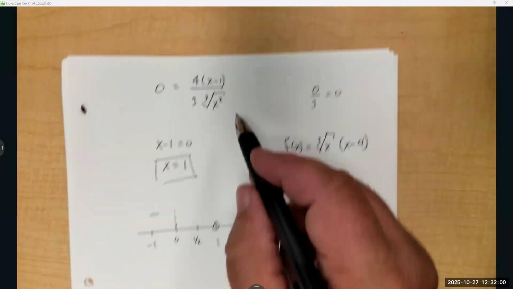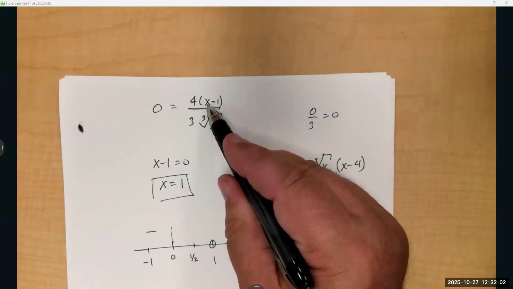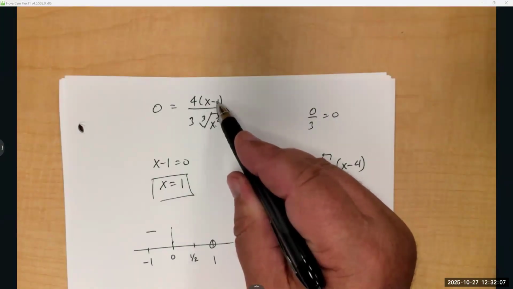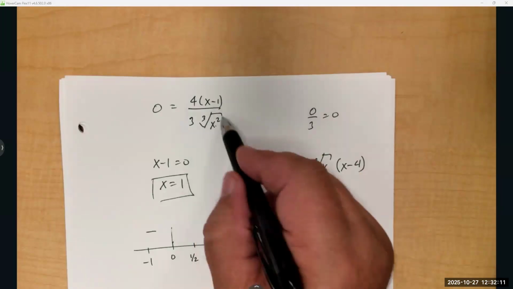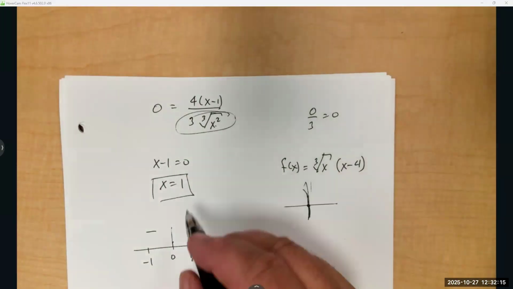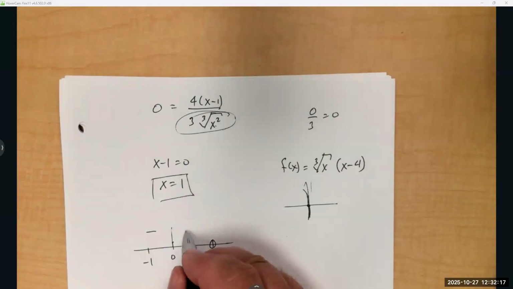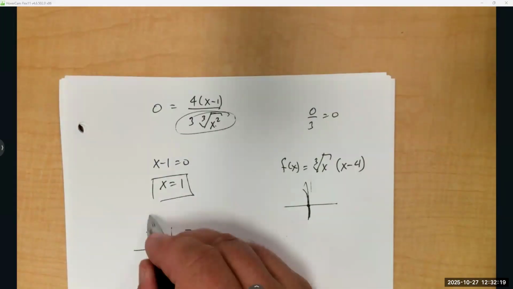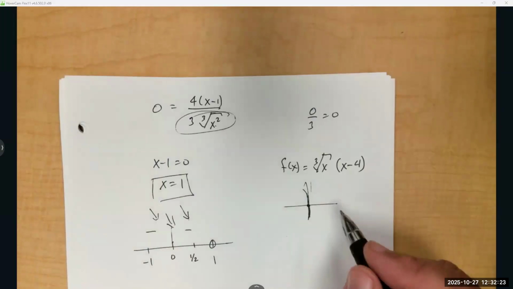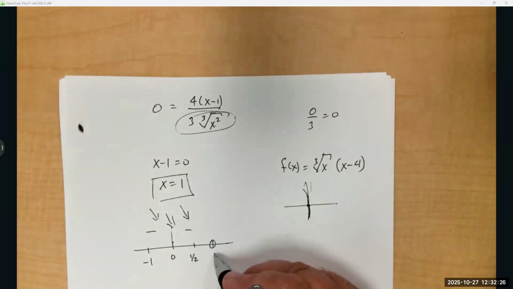At 0.5, we plug that in there. 0.5 minus 1, is it positive or negative? Negative. The bottom's always going to be positive, so we don't have to worry about it. So on the top, if we put 0.5, that's going to stay negative. So this is decreasing, this is decreasing, this is decreasing. So it's decreasing all the way to 1.